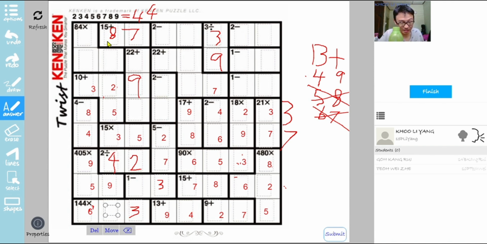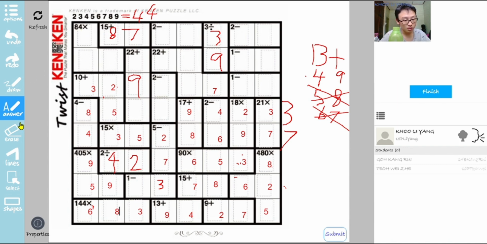Since 3 is already used in this column, 3 will be here, whereas 5 is at the center. In this column, the numbers left are 2 and 7. 2 times 7 is 14, and 84 divided by 14 is 6.